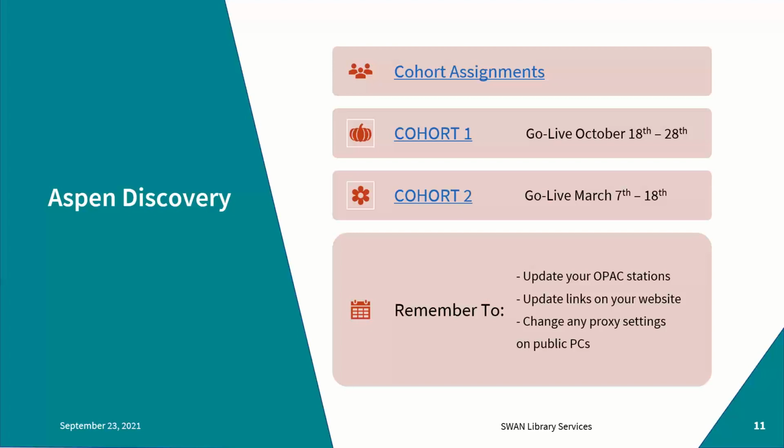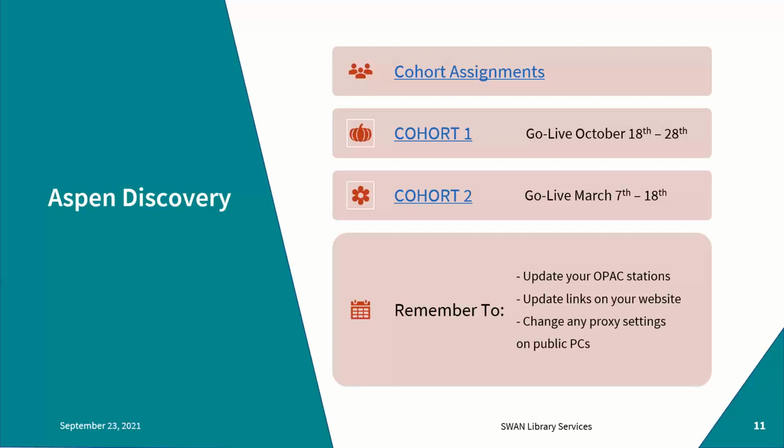So if you're either going to be in cohort 1, which is going live in October, that's our fall cohort, or cohort 2, which is going live around spring of 2022, just make sure that you know what cohort that you're in. And if you're in an IT team and you have to facilitate that migration, just make sure that you're updating your OPACs, you're updating links to your website, you're changing any of the proxy settings on public PCs that could potentially prevent access to those different things.